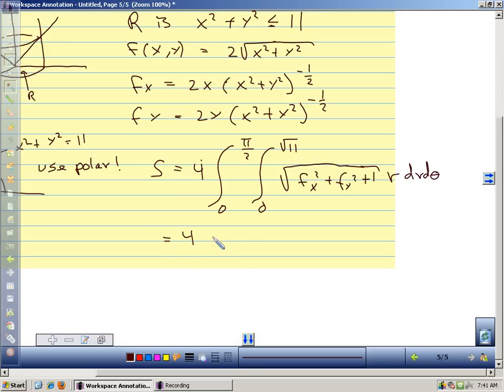So we get 4 integral 0 to pi over 2, 0 to square root of 11. And if I square these, add them together, and add them to 1, this is nice because it turns out that this simplifies to square root 5, r dr d theta.